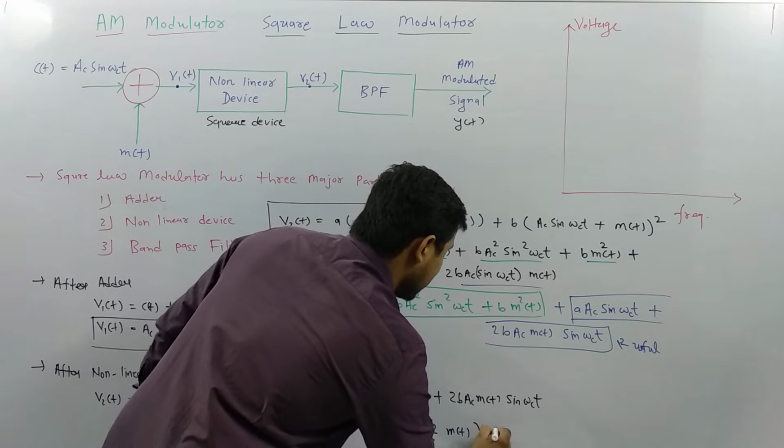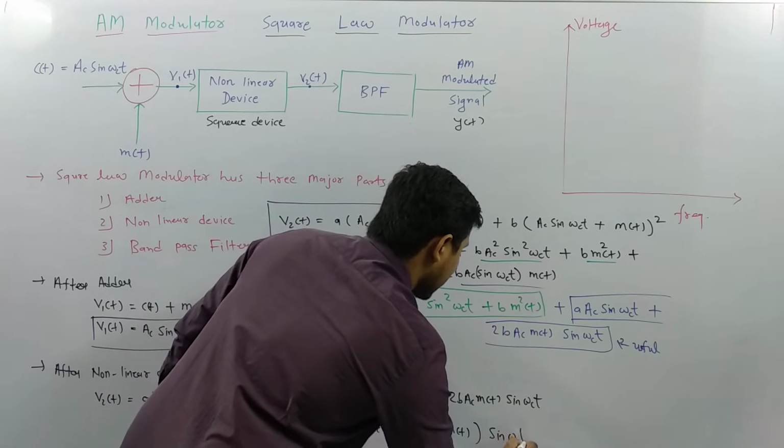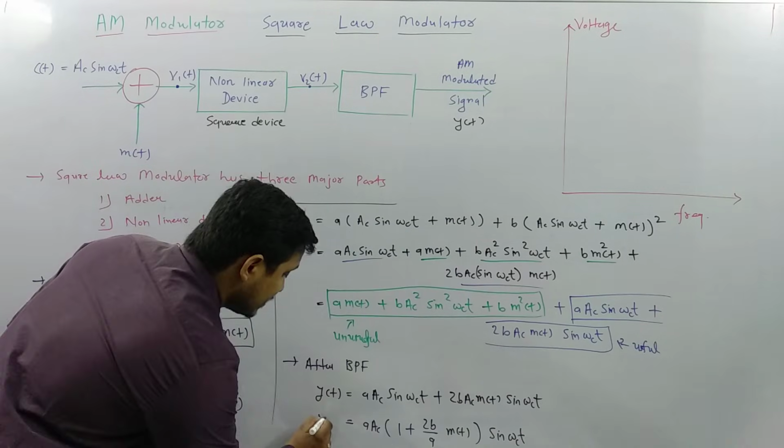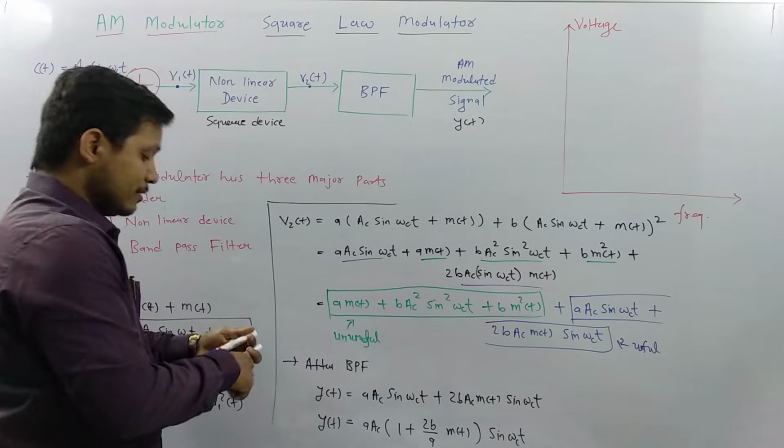Here Ac is common, that's why 2b by a. Now I think you can easily understand, this is our AM signal.